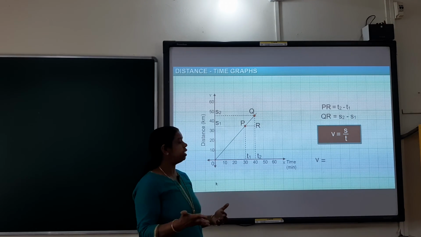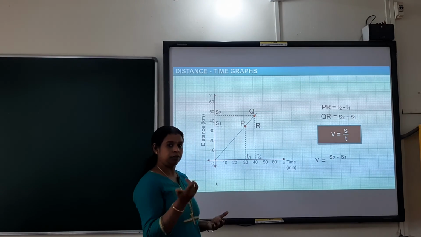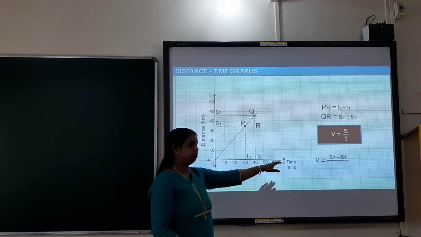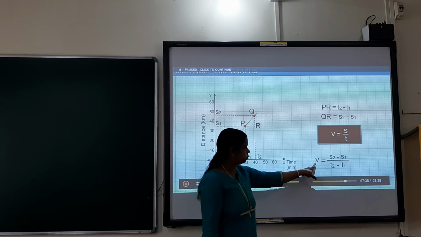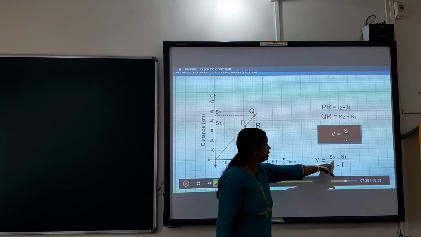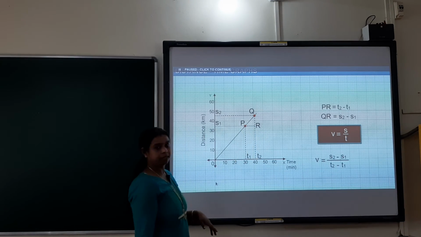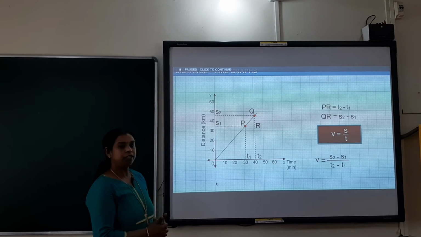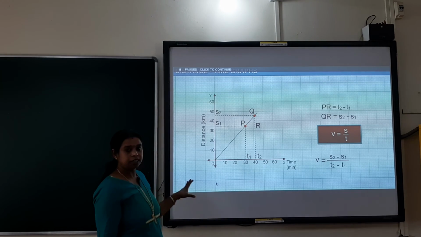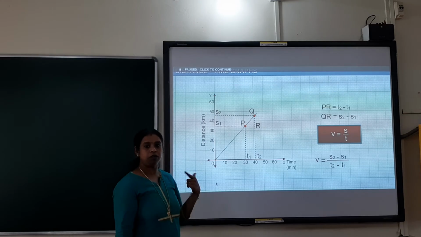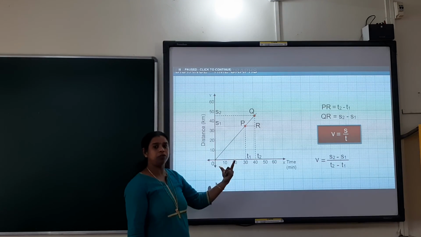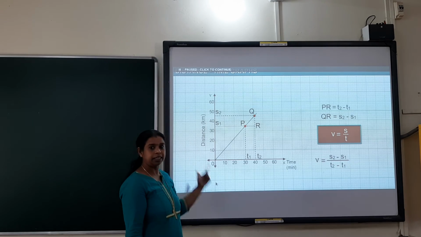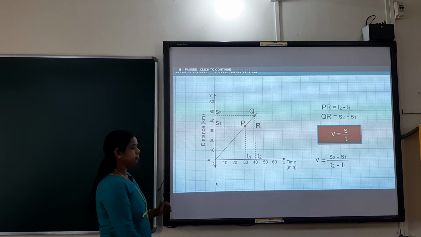Velocity is a vector quantity, and speed is a scalar quantity. Here the speed is equal to the change in distance by the change in time taken, that is S2 minus S1 by T2 minus T1. That is the velocity or speed of the object. Yes, we can find the speed of the object in the distance time graph.